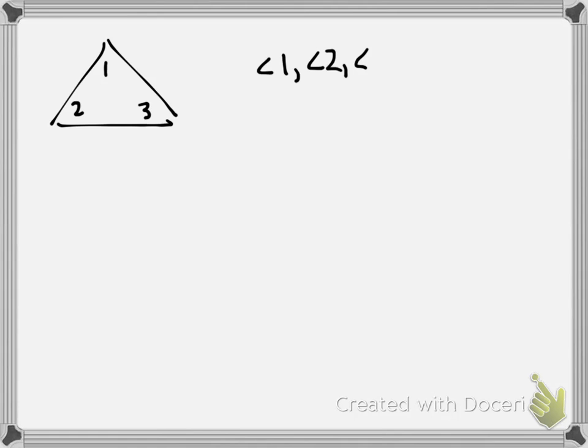So let's talk about our triangle again. Let's go back. So angle 1, angle 2, and angle 3 are called interior angles because they're the inside of the triangle. Okay? Now, what if I took one of the sides and I extended it?